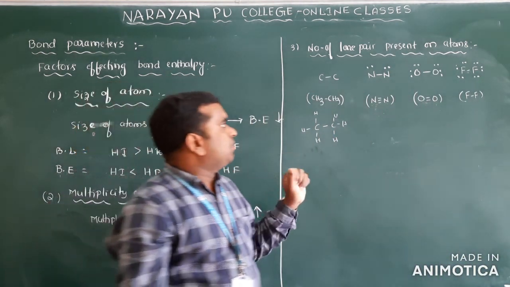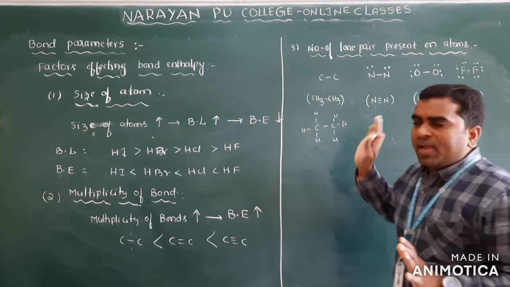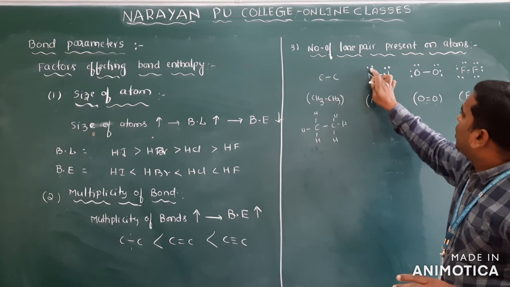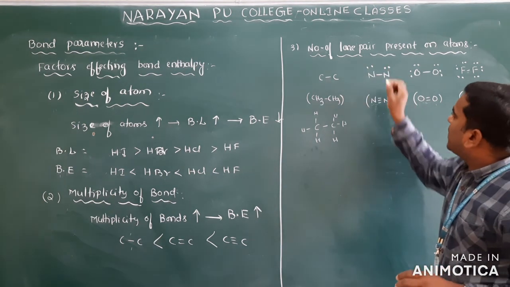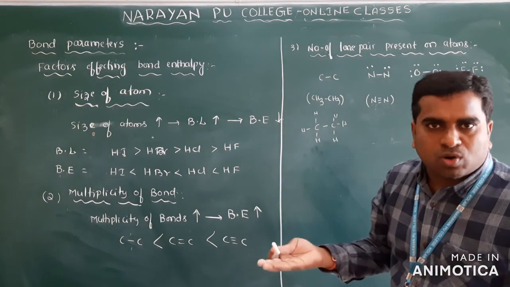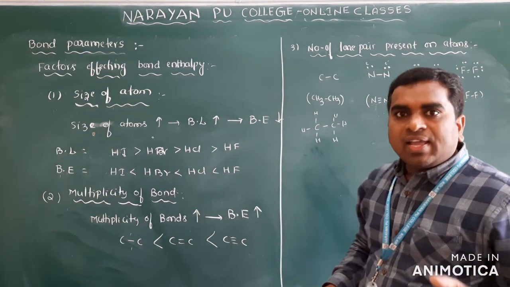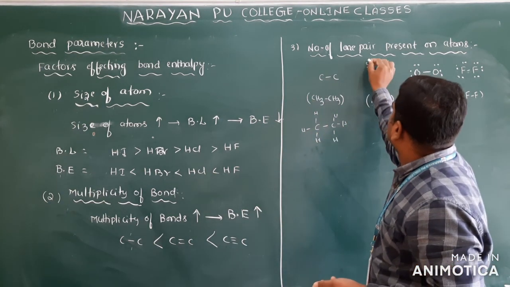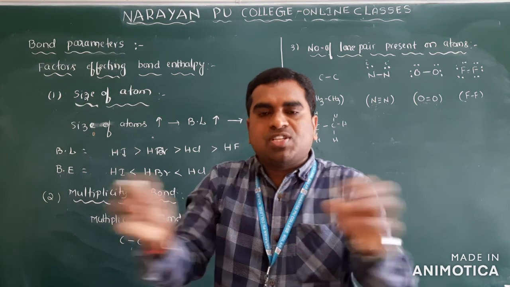Simple. On the carbon there is no lone pair, but here 2 lone pairs are there, 1 lone pair and another 1 lone pair. Lone pairs are only electrons, and electrons have negative charge. Same charges always repel each other.